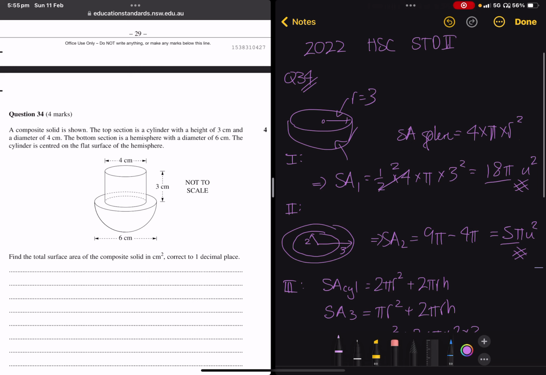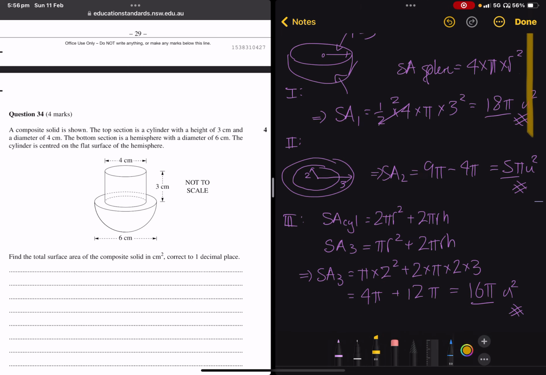So let's go through the marking. You get 1 mark for calculating any relevant areas. If you have a relevant area, one of the circles, the outside of the cylinder, the annulus, the half of the hemisphere, or some equivalent working, you'll get a mark. For a second mark, you need to calculate the curved area of the cylinder or of the hemisphere.